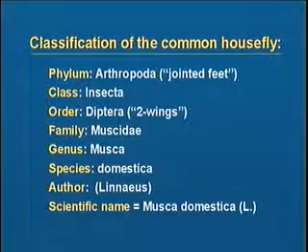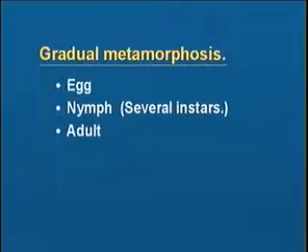So when you see a scientific name of an insect, it's always genus, species, and then the author in parentheses. This is the person who is credited with describing this insect. So we're going to start out with the orders that undergo gradual metamorphosis. This is egg to nymph, going through several instars to adult.